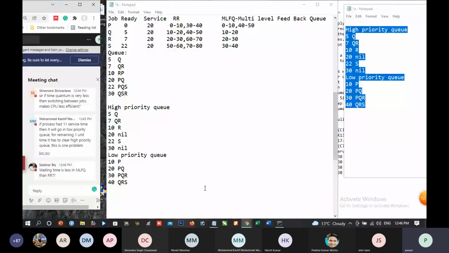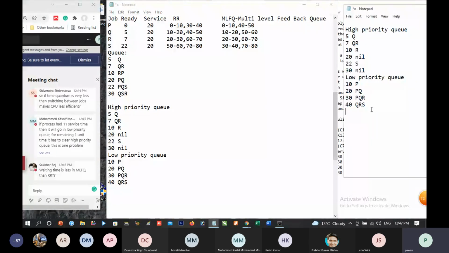Certainly, waiting time is less in multi-level feedback queue. Okay, fine. So it will be 40 to 50, 50 to 60, 60 to 70 and 70 to 80. We have already done this. Now we further proceed. In the high priority queue, a job is given only 3 unit time quantum.